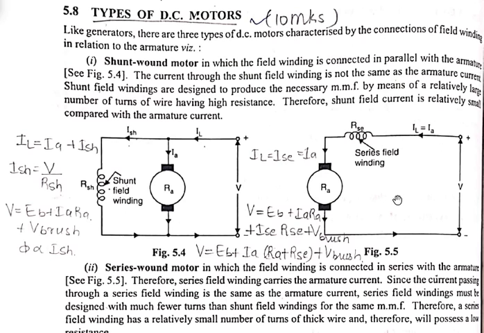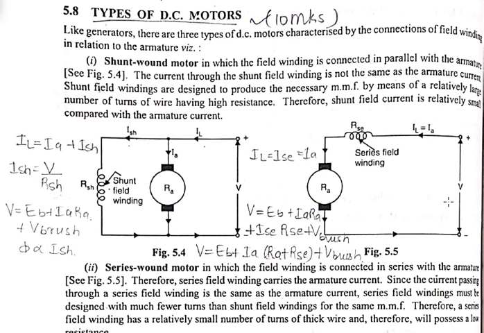Therefore in case of a series motor, IL is equal to Ia is equal to ISC. Let us say ISC is the current through the field winding. All the currents would be exactly the same, there is only one path for the current, so the same amount of current will flow in all the windings, field winding and the armature winding.